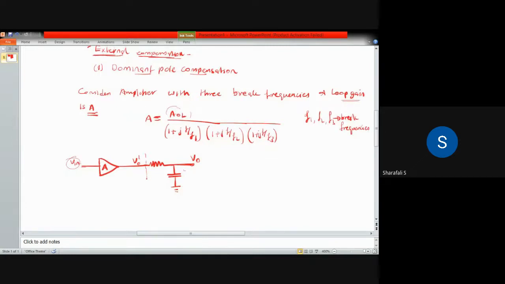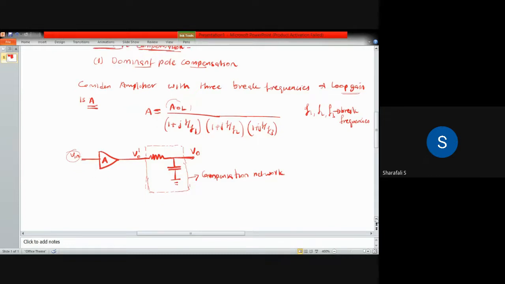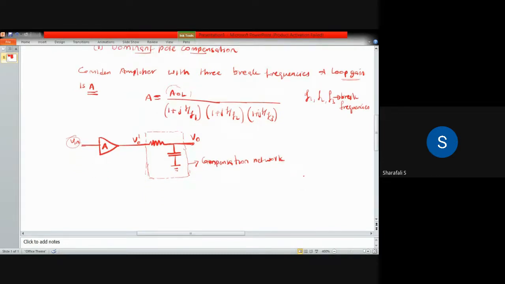In order to have it, we need to add a capacitor and a resistor into the circuit. This particular network is called the compensation network.